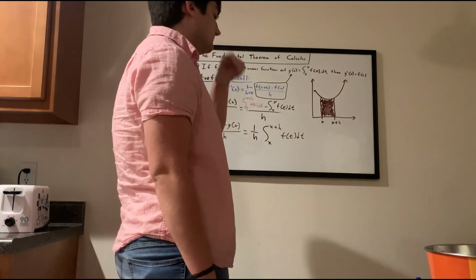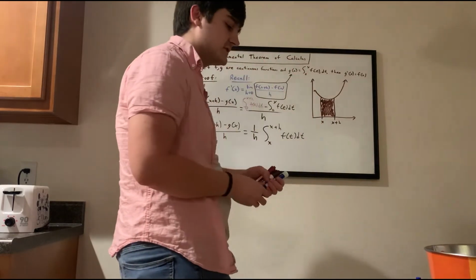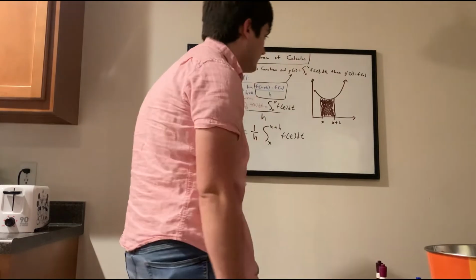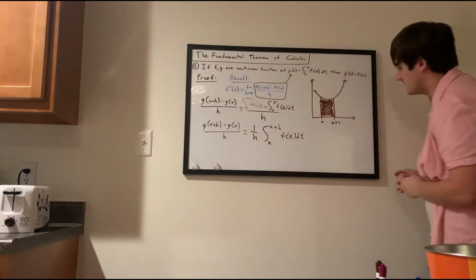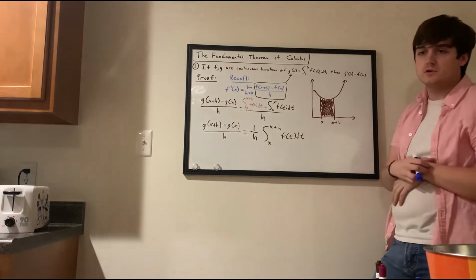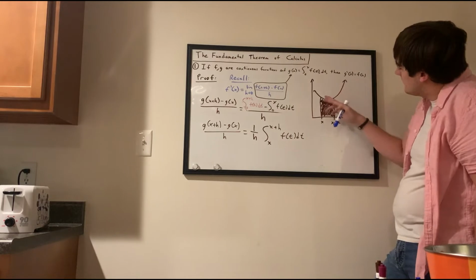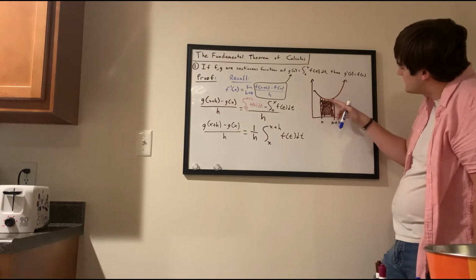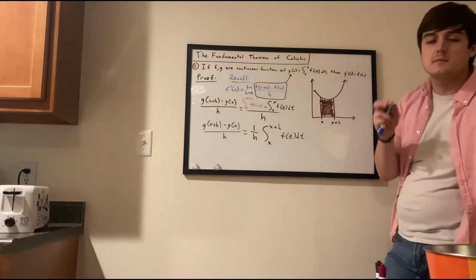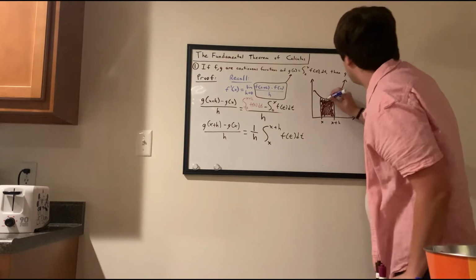Let's make a couple of observations. If I take a look at my curve, you can see that in the one I've drawn, it goes a little bit lower. There's a section where it's at a low point, and that's going to be the minimum value of my curve on that interval.